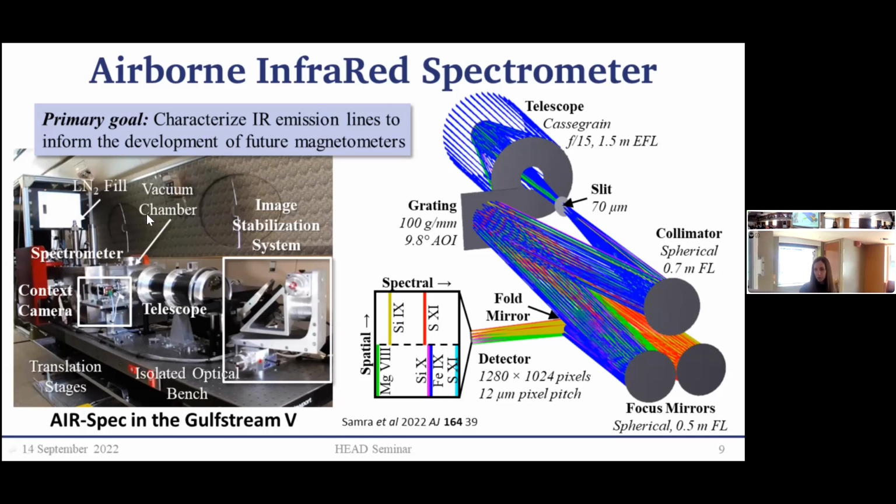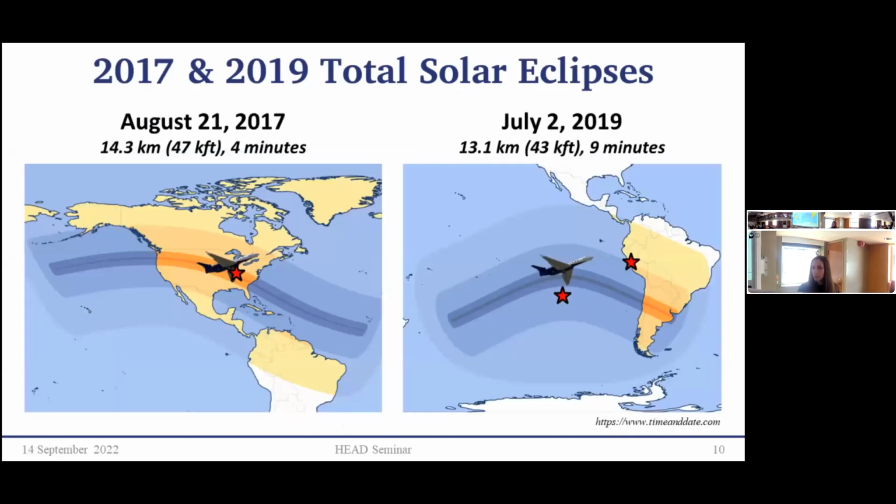That also means that the spectrometer is housed in a vacuum chamber. The way it operates is it's a slit grating spectrometer, so it disperses the light using a diffraction grating. And we've cut the light up in a clever way. This was Leon's idea, to actually get 6 different emission lines on a very small detector at relatively high resolution, even though we have a limited number of pixels.